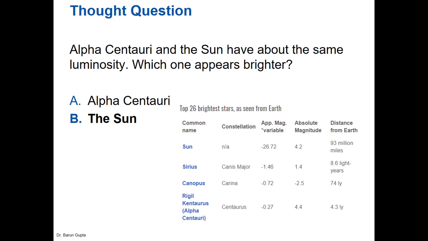Why does it look so? Although the Alpha Centauri releases comparatively more energy, the Sun appears much brighter. And the reason is the Sun is much closer to us than the Alpha Centauri. In this table, you see the Alpha Centauri is 4.3 light years away, but the Sun is only 93 million miles.